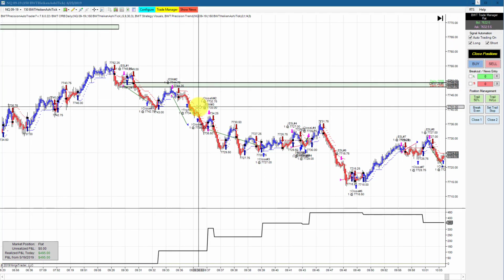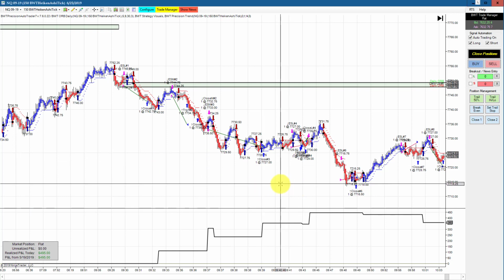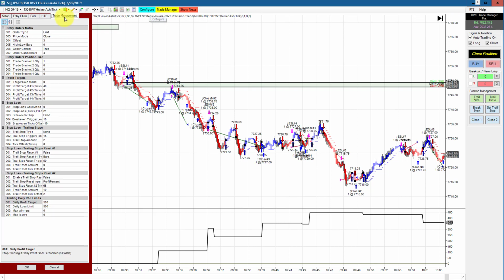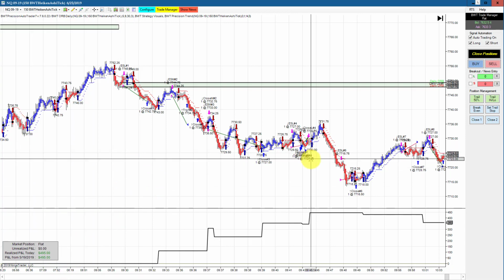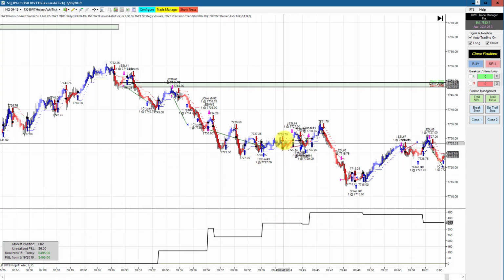Okay, the NASDAQ on a 150 Heikin-Ashi tick chart, moderately active here. It has a goal, I believe, of 500, and that was hit, and it is only trading a single contract with a 3-tick pullback, and it's a 40-tick profit target. It looks like we had some winners.